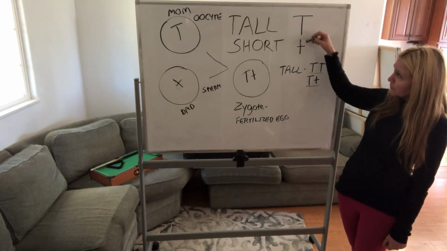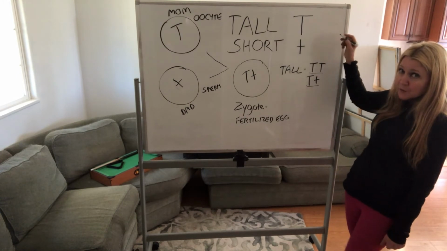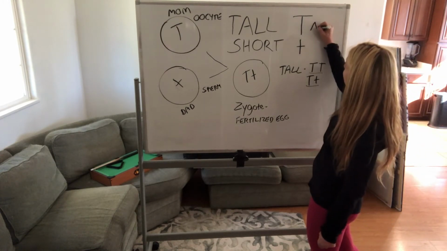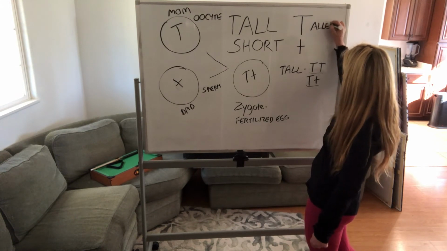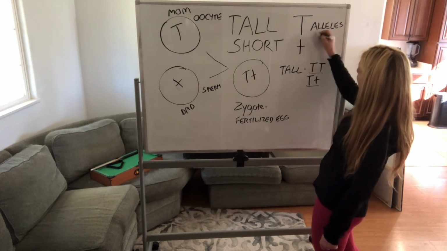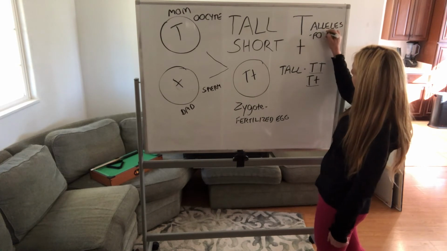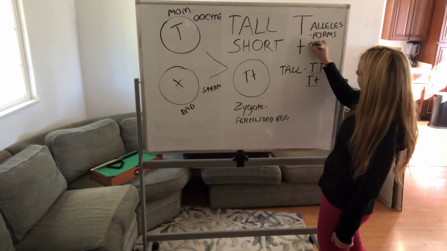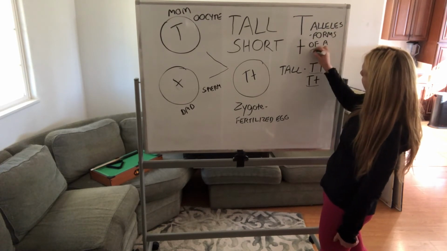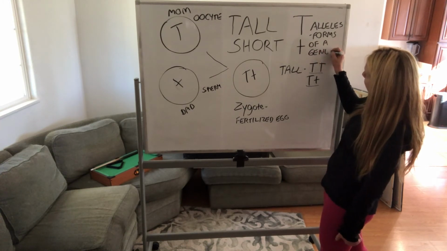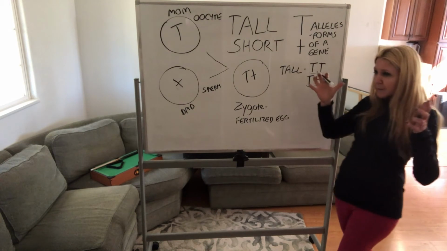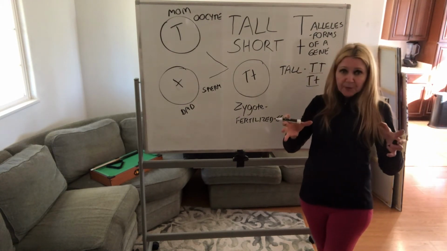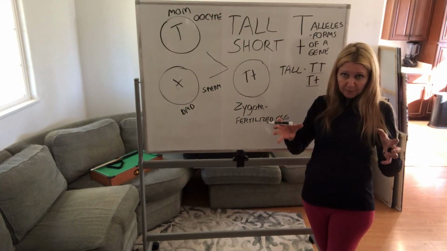These forms of the gene are called alleles. Alleles are forms of a gene. All traits are going to have two alleles, minimum.